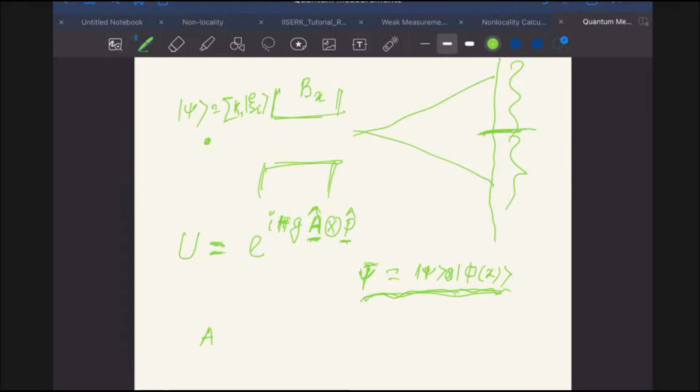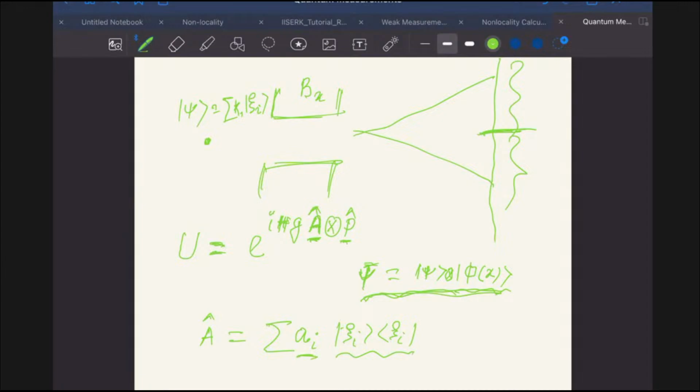Now this operator A, I can write as the sum over i of a_i |a_i><a_i|. This is the spectral decomposition of the operator A, where the a_i are the eigenvalues and the |a_i> are the eigenstates of that operator.